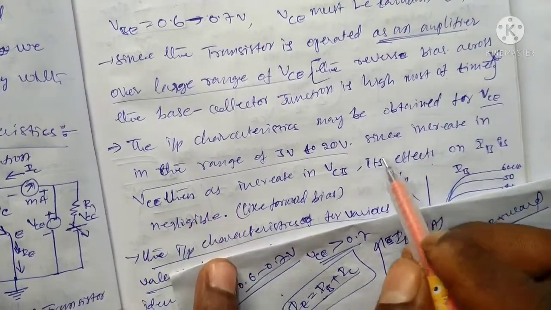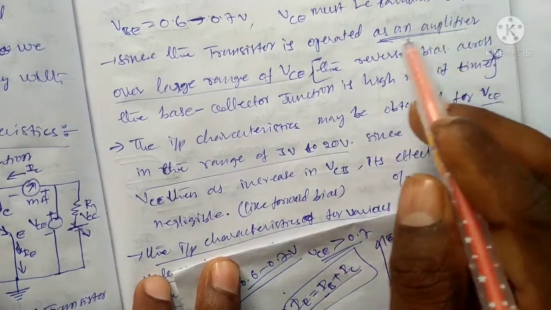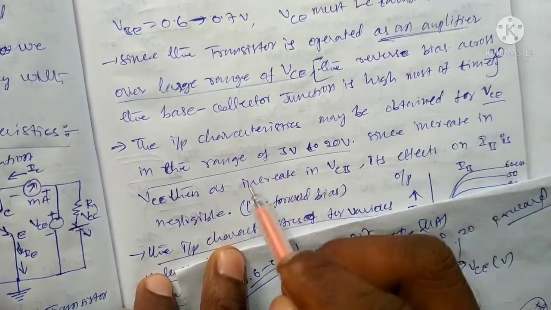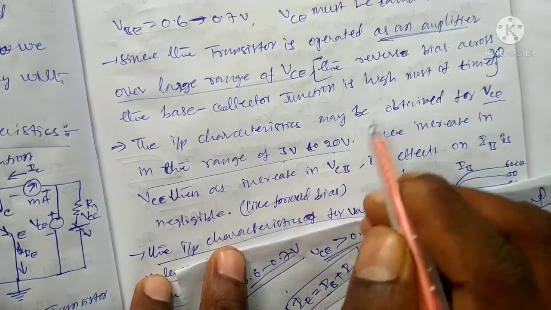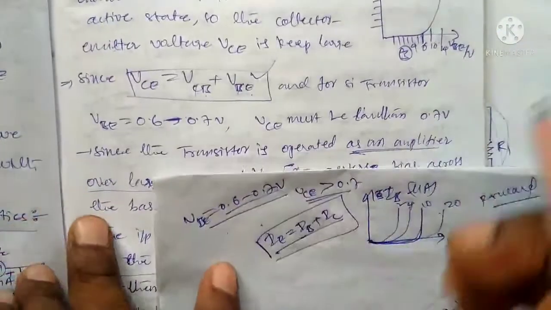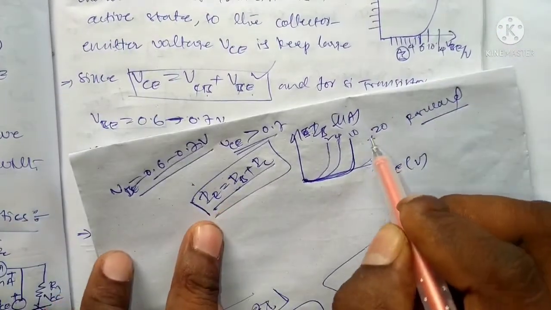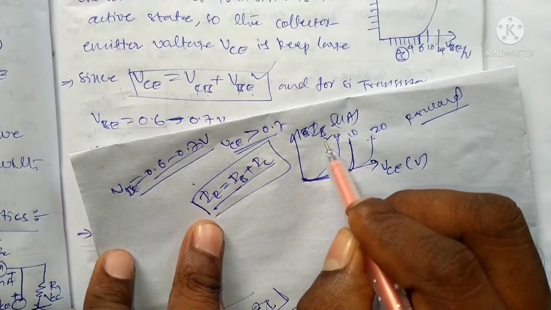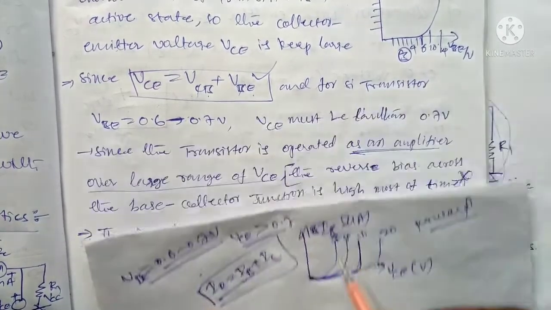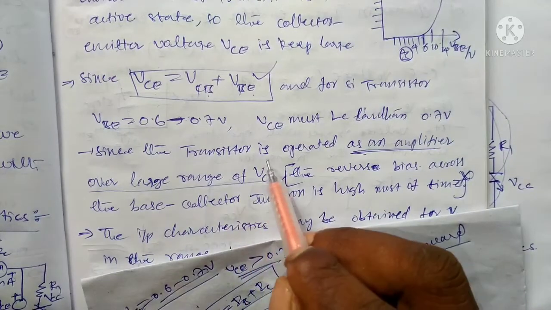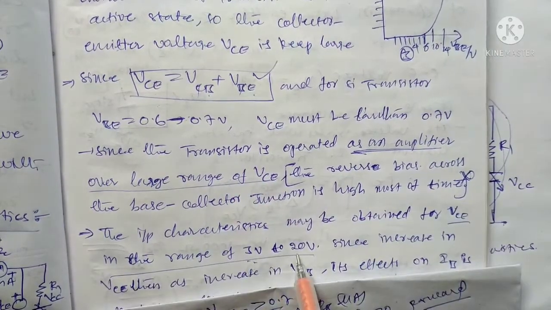Now in the case of silicon, the VCE range is 3 to 20 volts, like 20, 10, 4, 2 volts. This is a high voltage range compared to VBE and VCB, which are only 0.6 to 0.7 volts, whereas VCE is 3 to 20 volts.